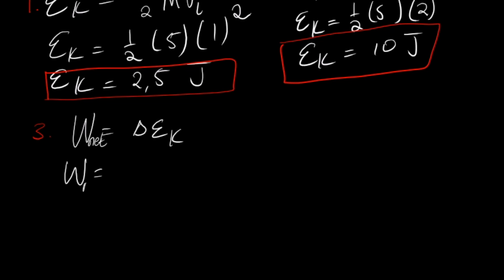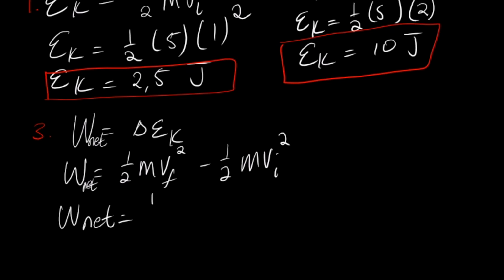So we have half mv squared final minus half mv initial squared. We already have the initial and final kinetic energy, so we can simply take our previous answers. So we have 10, that is the final, minus 2,5.